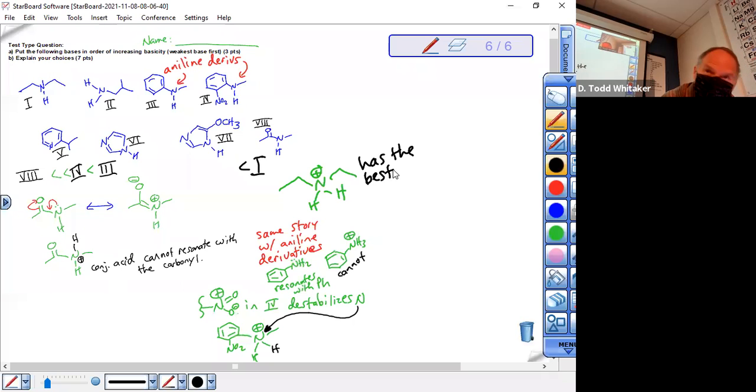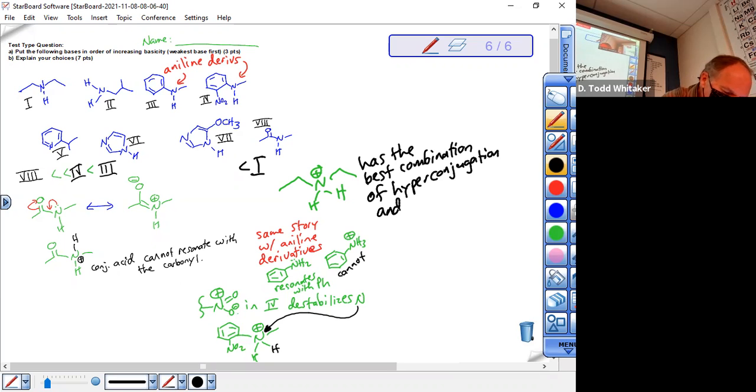The two things that stabilize cations are the best combination of hyperconjugation with 2 R groups, and it's got 2 H's for hydrogen bonding.